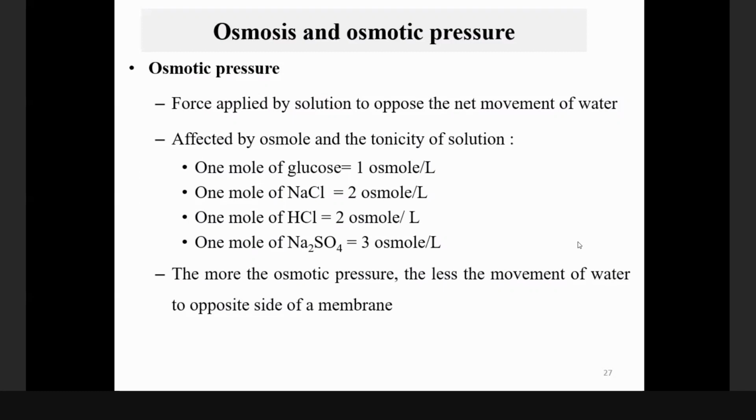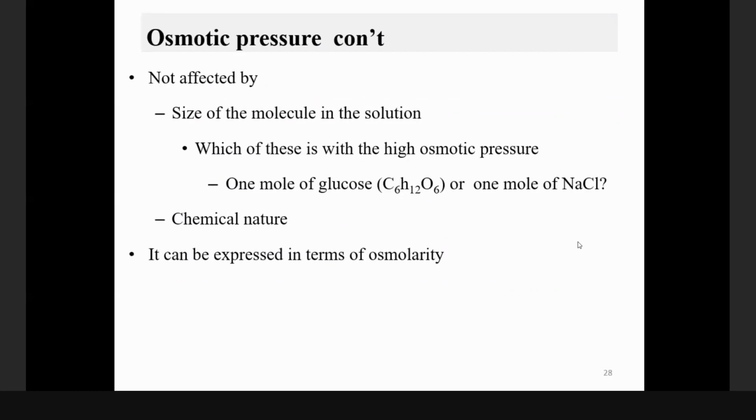And the size of the molecule, again, the size of the molecule doesn't affect osmotic pressure. For instance, the size of glucose is greater than the size of sodium. Actually, if you calculate the molecular weight of glucose, for instance 6 times 12 plus 12 times 1 plus 6 times 16 and so on.